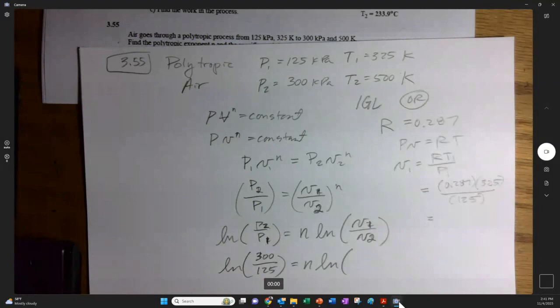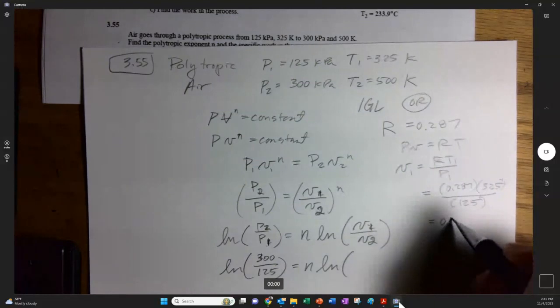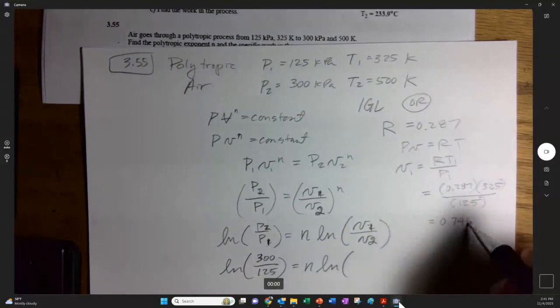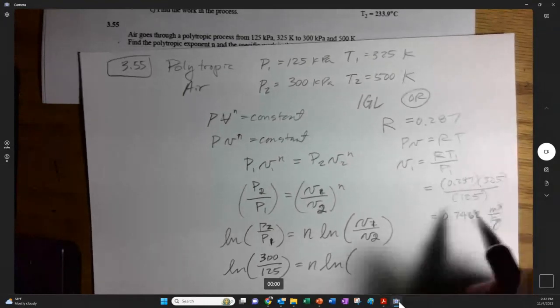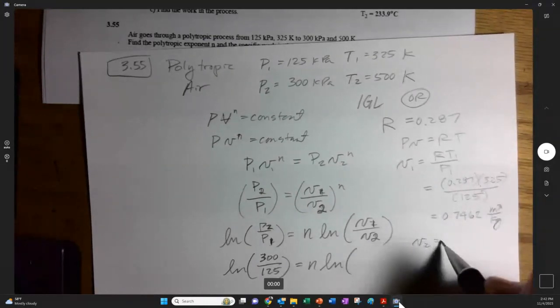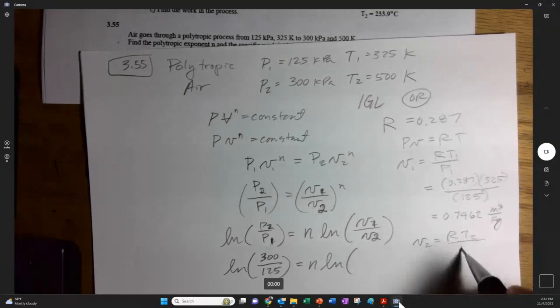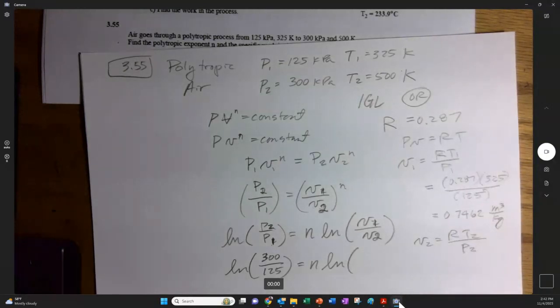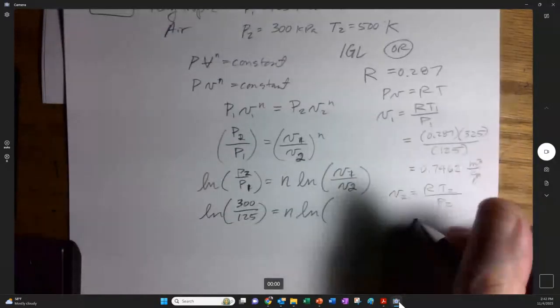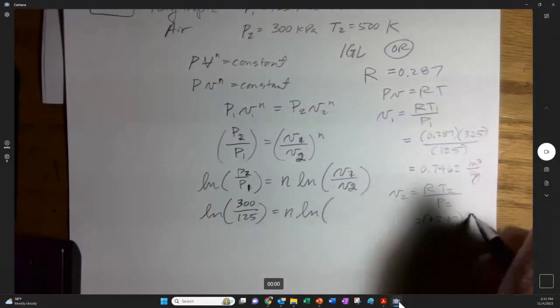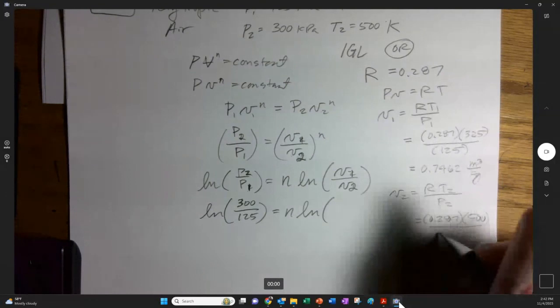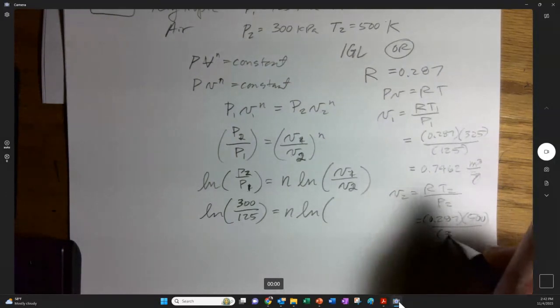So 0.287 times 325 divided by 125, and so 0.7462 cubic meters per kilogram. And then the same thing for V2 is equal to RT2 over P2, which is 0.287 times 500 over 300.